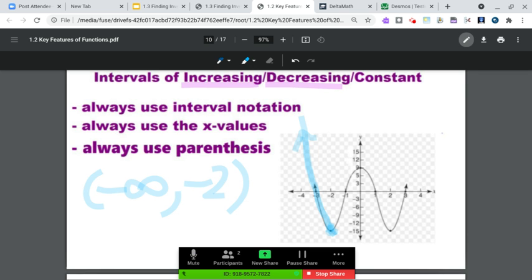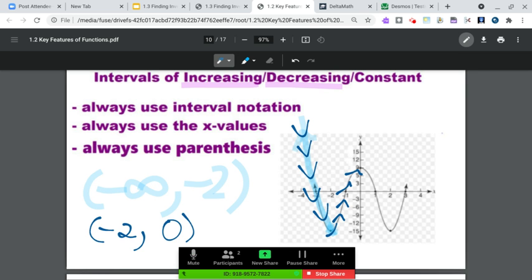A lot of students get mixed up about that because they see the arrow going up, but remember, you're coming from the left, so you are decreasing. From -2 to 0, what are your y values doing? They're increasing. So we said decreasing, then we said increasing.